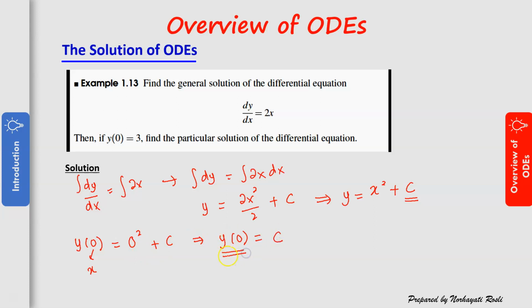But based on the question, y(0) equal to 3, so c equal to 3. So our particular solution in this case is y equal to x squared plus 3, because based on the previous calculation, we got the arbitrary constant equal to 3. So this is our general solution, and this one is our particular.